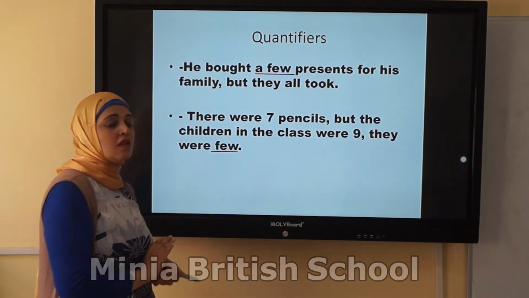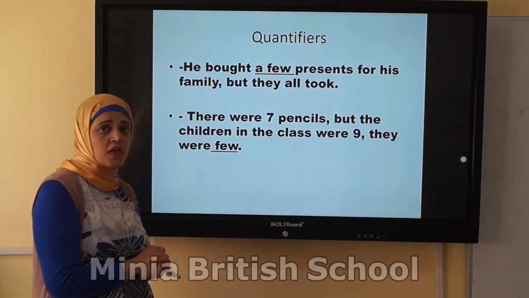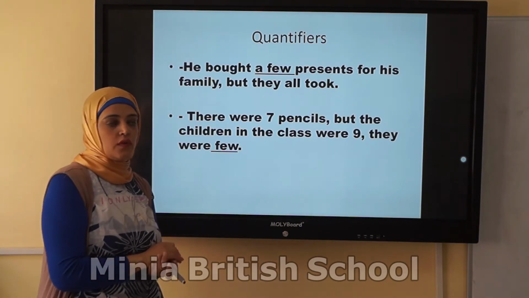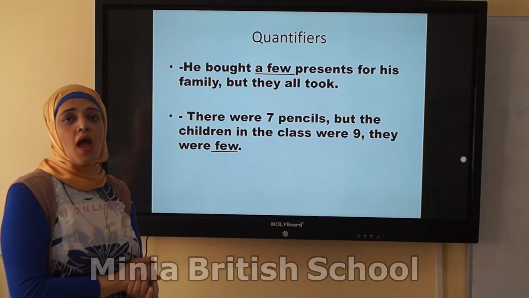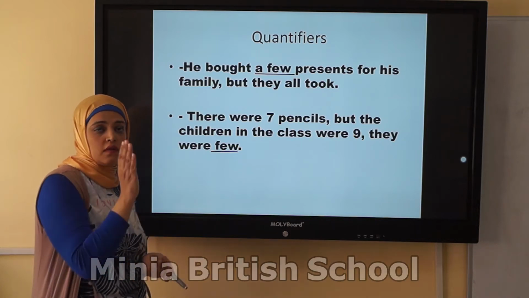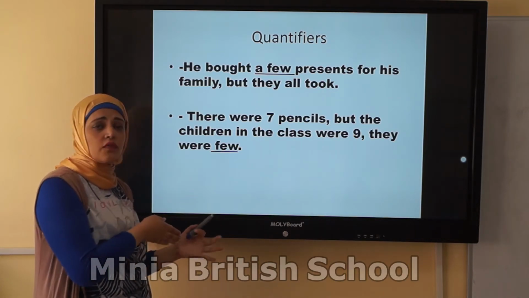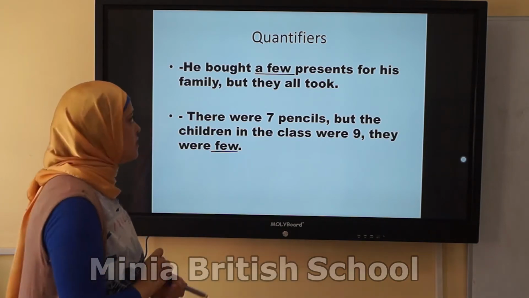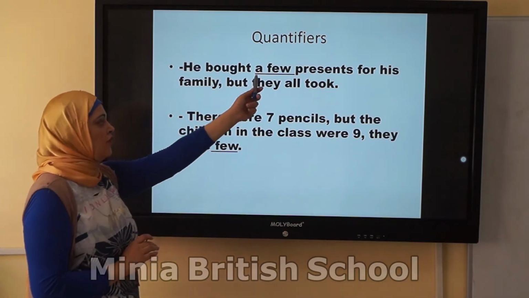But in a few, there weren't many of them, and also they weren't enough. There weren't many of them, and they were not enough. This is the difference between using few and a few.